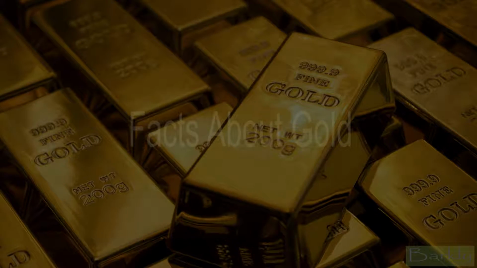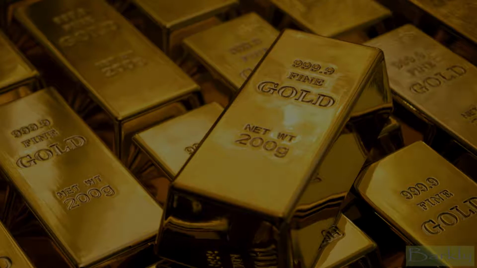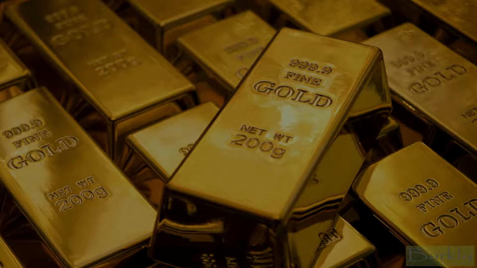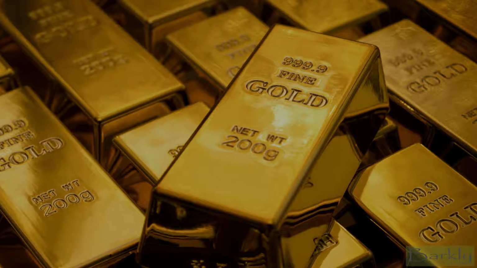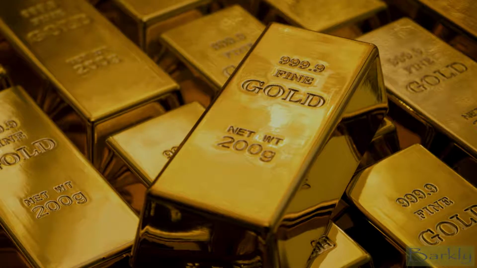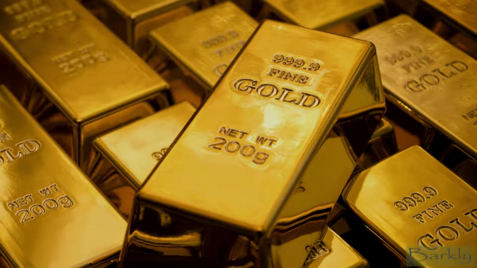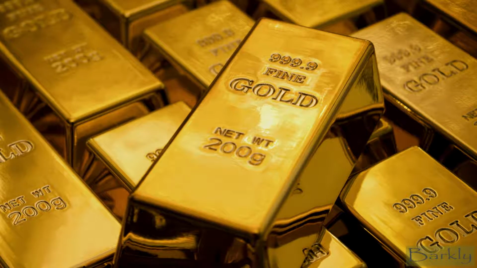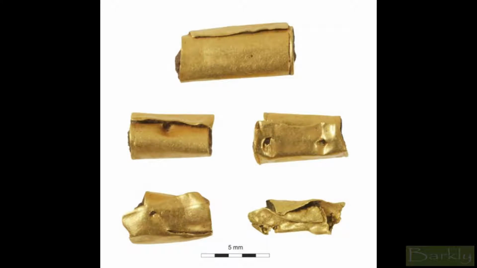The 79th element on the periodic table of the elements is one of the more recognizable of the bunch. Humans have been decorating themselves with gold since at least 4000 BC. From Eastern Europe to the Middle East to the tombs of Egyptian pharaohs, gold appears throughout the ancient world.